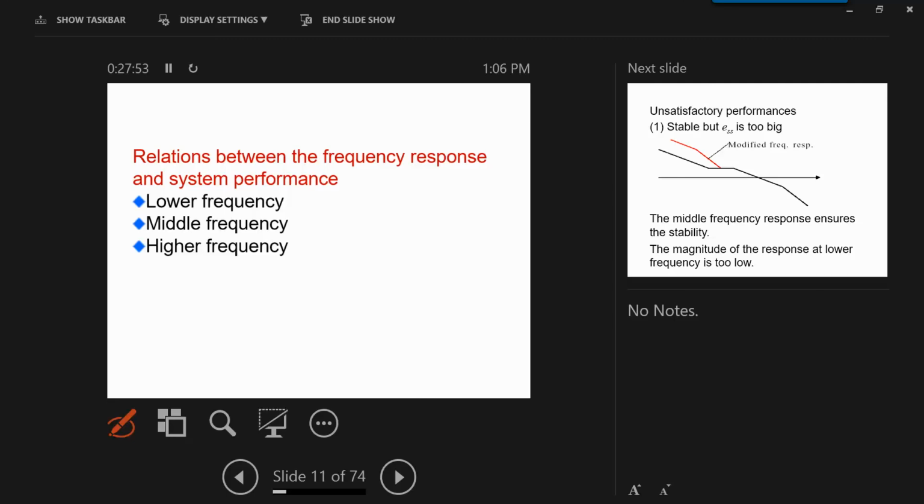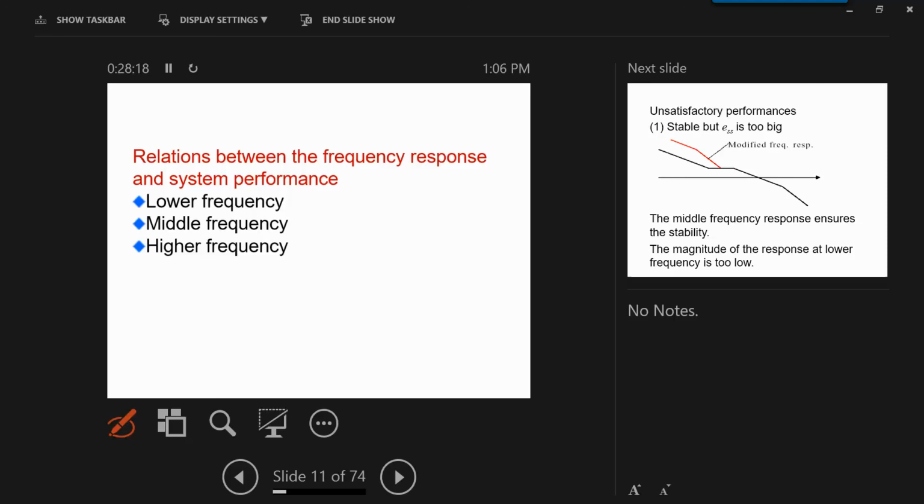We let the frequency go to 0 and to infinity, so we got the asymptotes. And in the middle, we let omega be the frequency ratio we want and look at the middle.